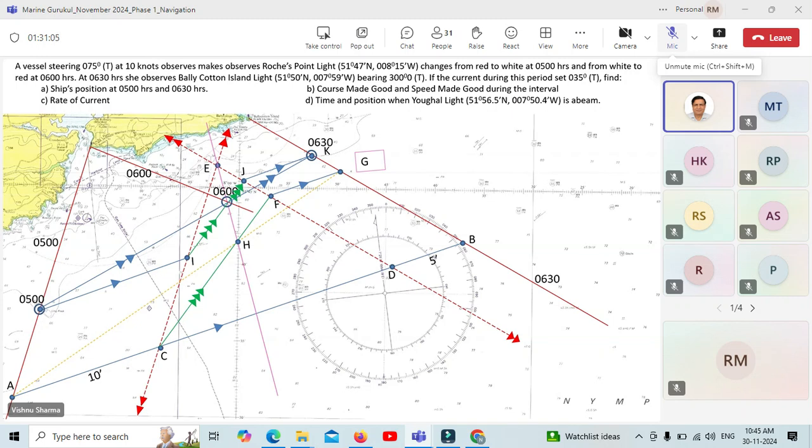The problem with these questions is sometimes they are not even plotted well by the paper setter, and then they create more confusion at times. But anyway, as the questions come, we'll see what best we can do about them. Because if a question is not properly worded, unfortunately, you can't do anything about it.